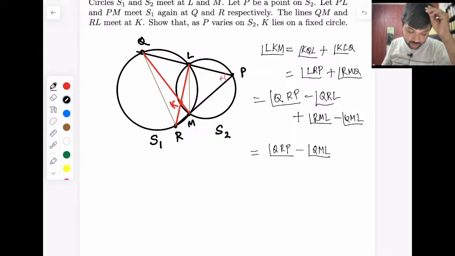QRL is QML, that's correct. So what about the second one, RMQ? Have I written it correctly? RMQ I have written as RML minus QML. Okay, so there will be two QMLs. So plus RML. How to get inside? I think it's better to get inside the triangle. This plus 180 minus LMP.